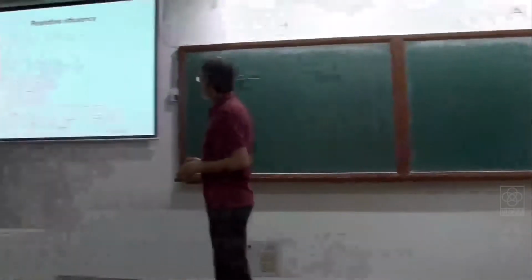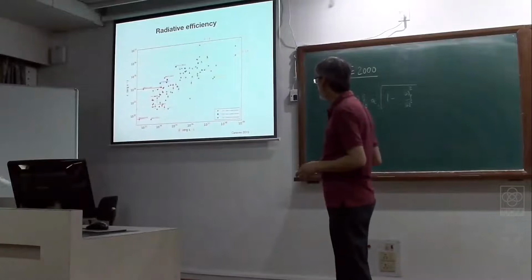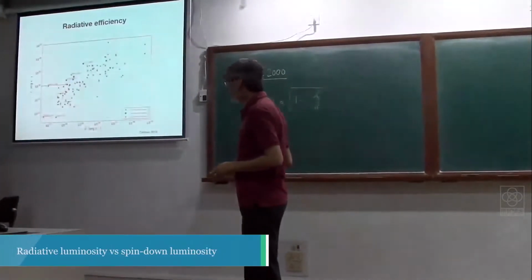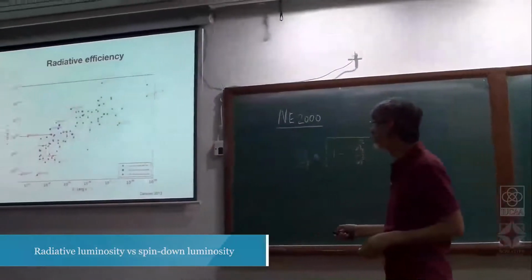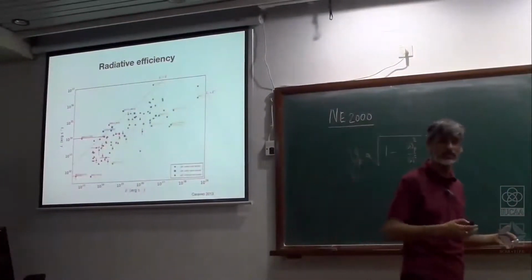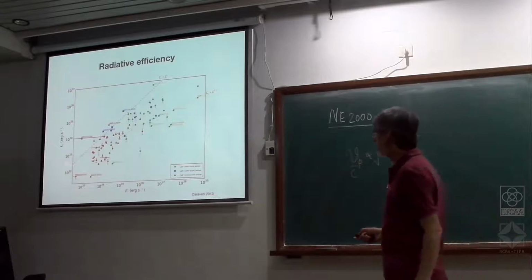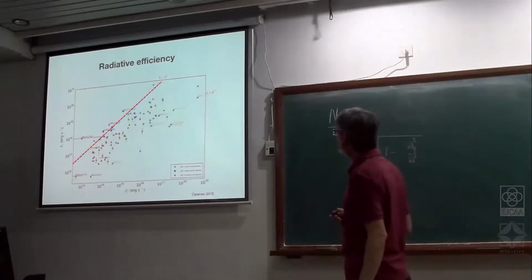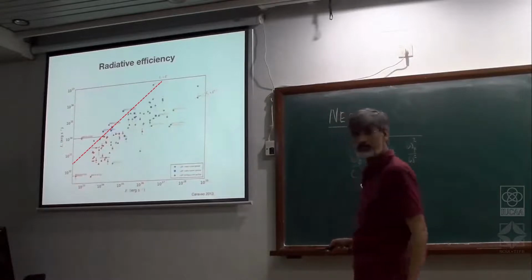So now let's take a look at how this total radiative luminosity compares with the spin down luminosity, which is on the horizontal axis. This is E dot in ergs per second, and this is the radiative luminosity, bolometric radiative luminosity as measured by all possible instruments. This dashed line here is the equality line, where L gamma is equal to E dot.